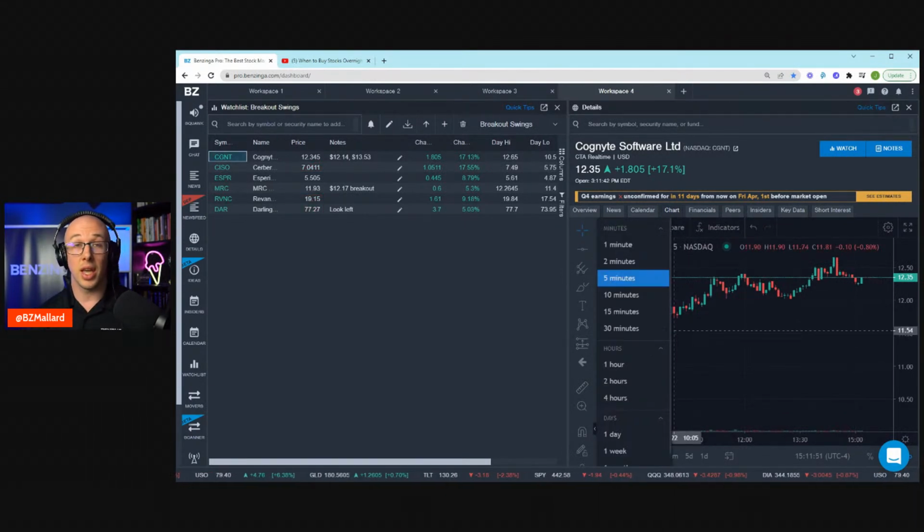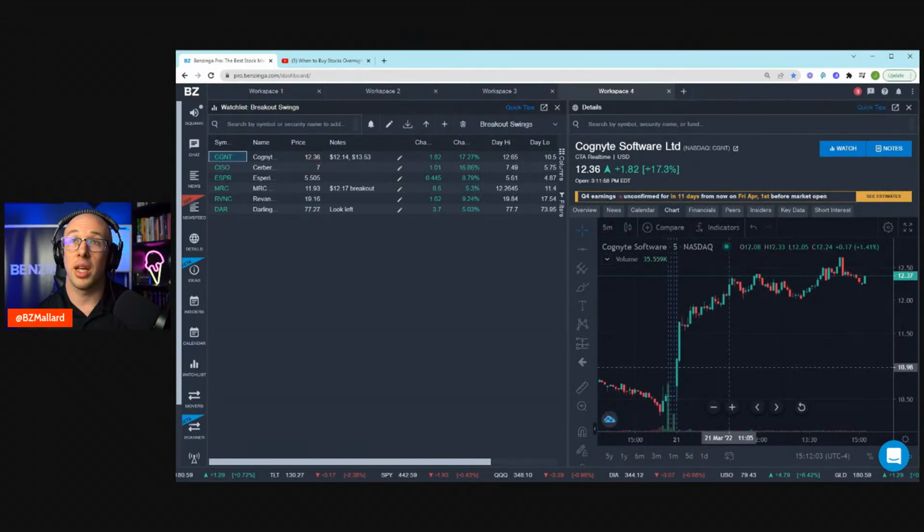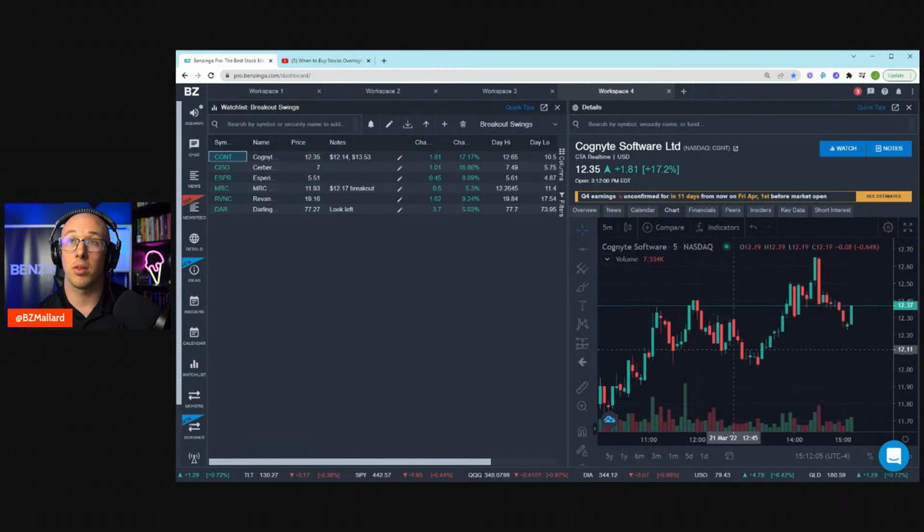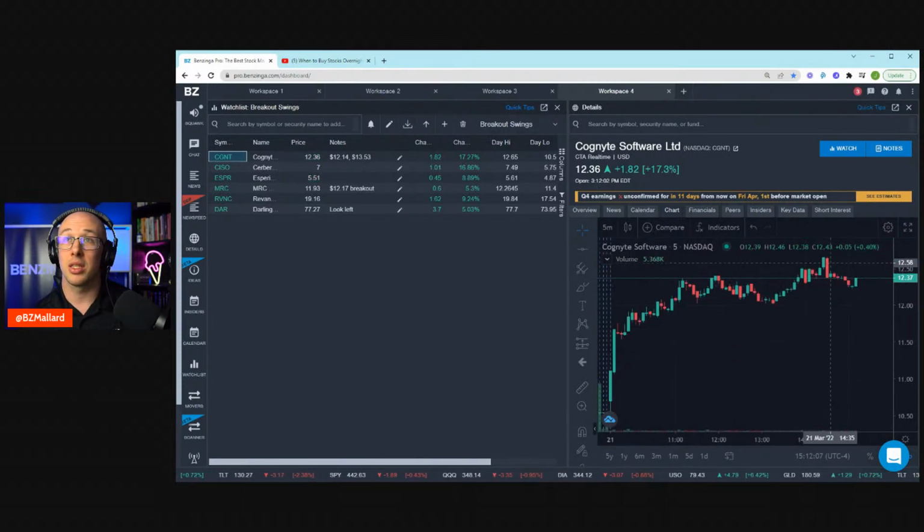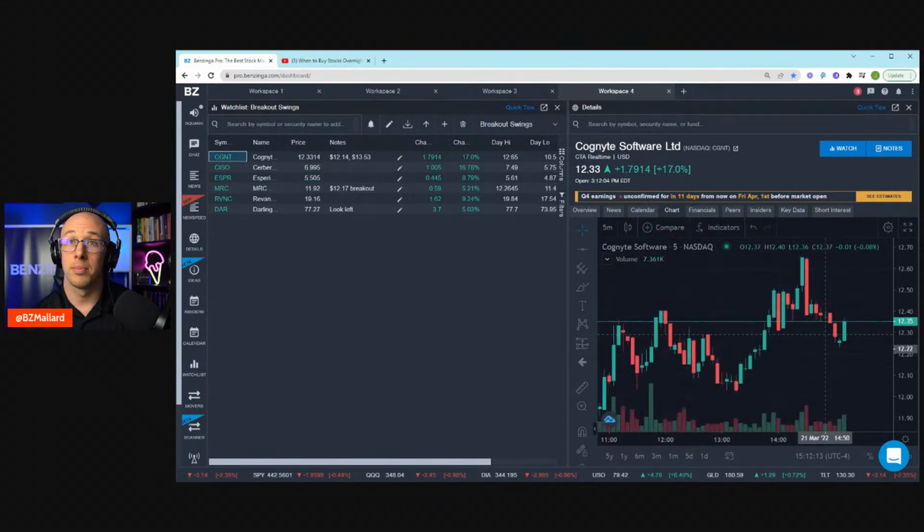So notice how you have the day chart on Benzinga Pro, but you also have all of these other time frames. So I like 5 minutes. You could go as low as 1 minute on Benzinga Pro. And so it looks like it's not at the session highs. It came down a little bit, and it looks like there's a nice little bump in volume here in the past 10 minutes.